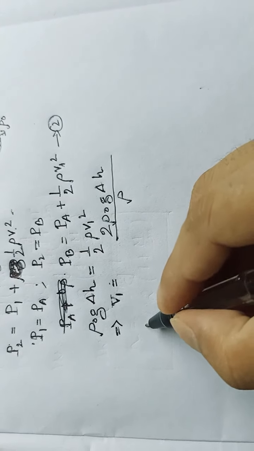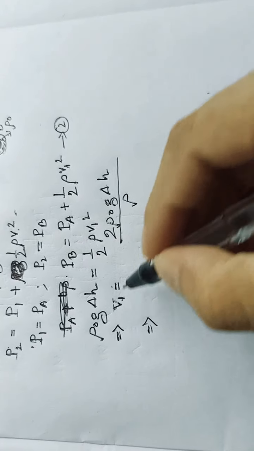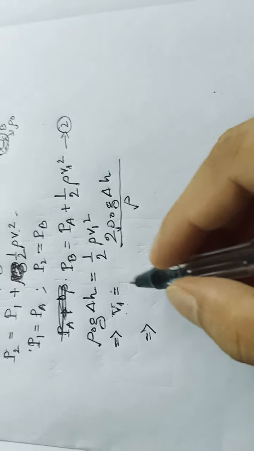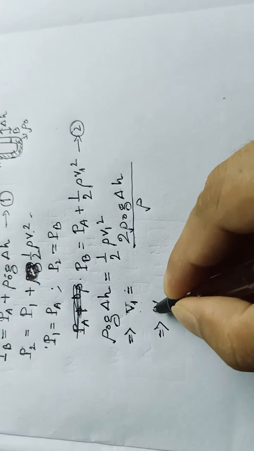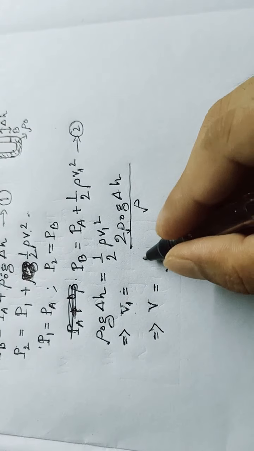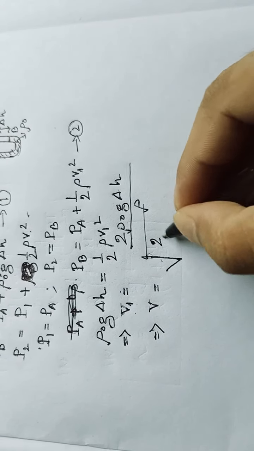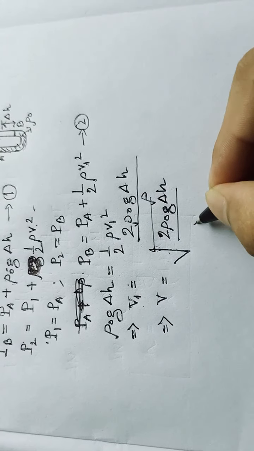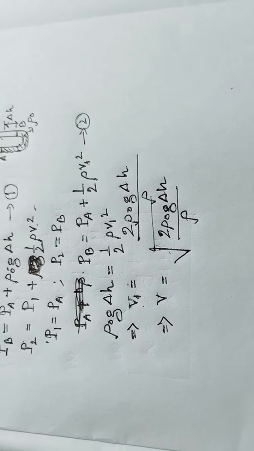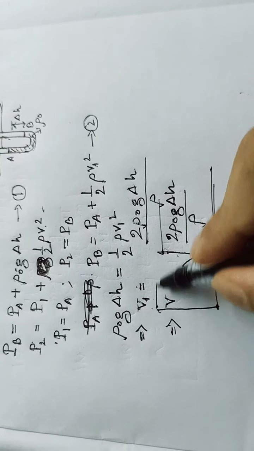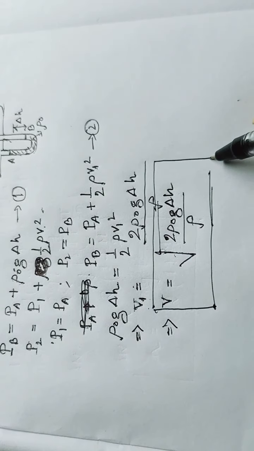The velocity V1 we can express simply as V. So the velocity of the gas will be V equal to root under 2 rho naught G del H divided by rho. This is our required velocity of the gas in the pitot tube.